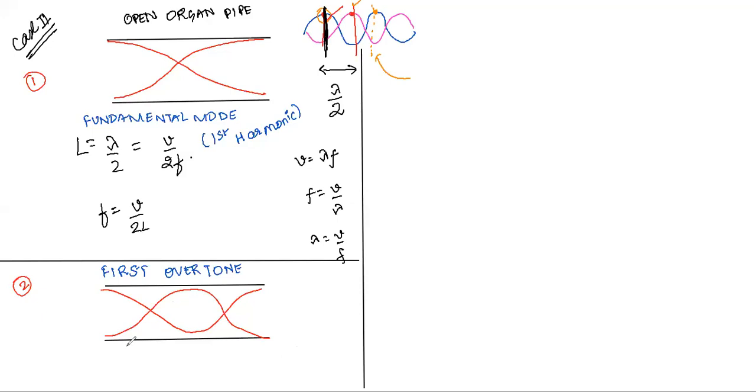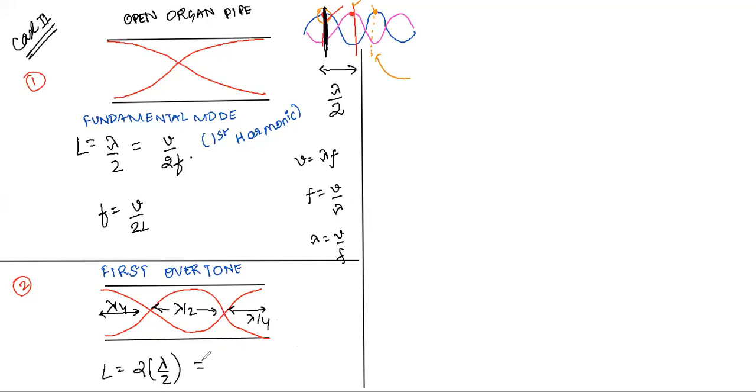Now, Anukriti, can you tell me what length is equal to this one? This distance is lambda by 4. This is lambda by 2. This is again lambda by 4. So this entire distance becomes lambda, or I can write this as 2 times lambda by 2.